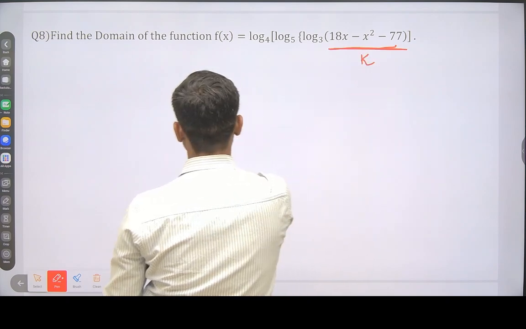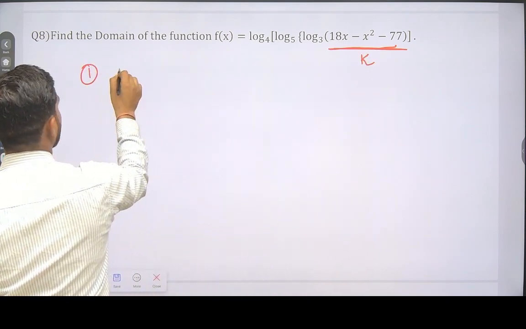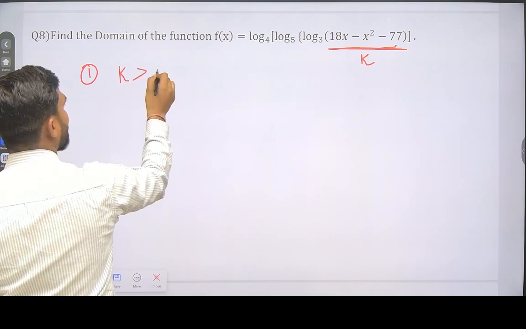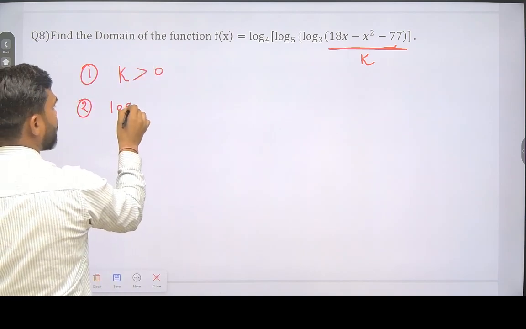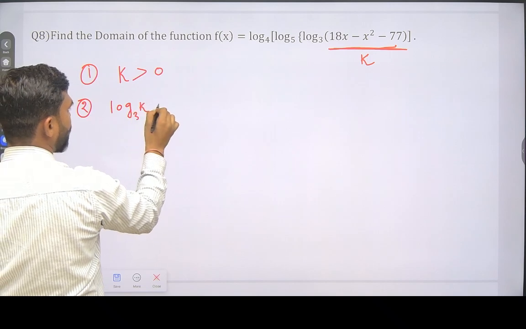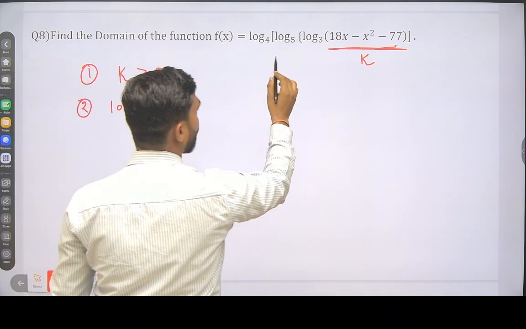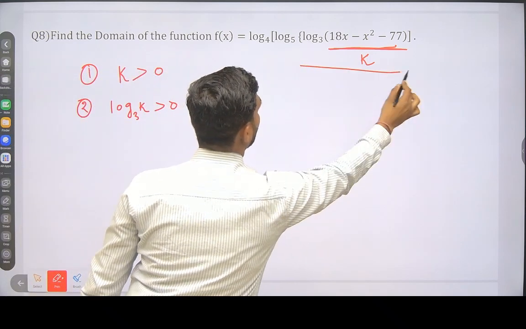So first of all, the first condition will be k should be greater than 0. Then the second condition must be log base 3, here we have got k should be greater than 0. I mean this log, I'm talking about this log, right?